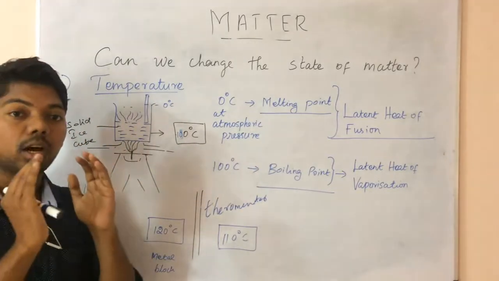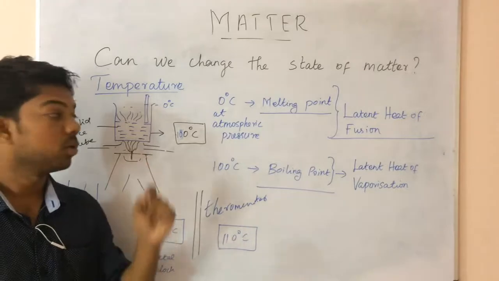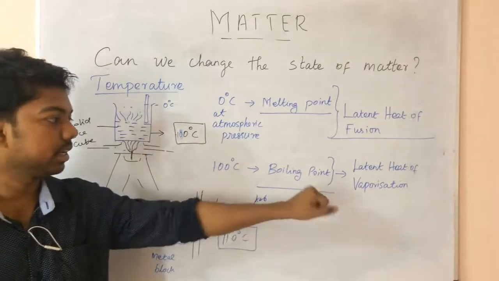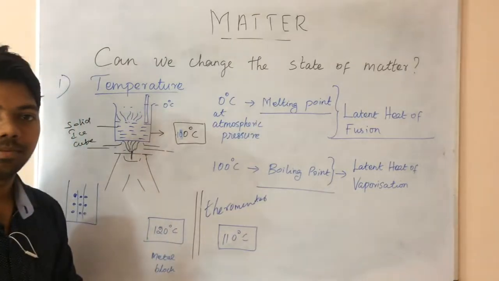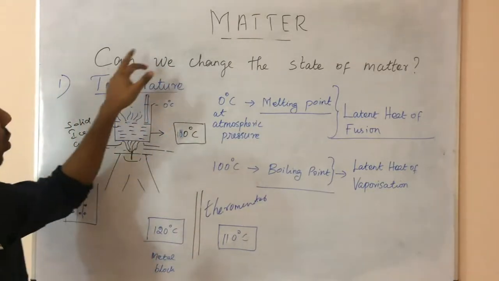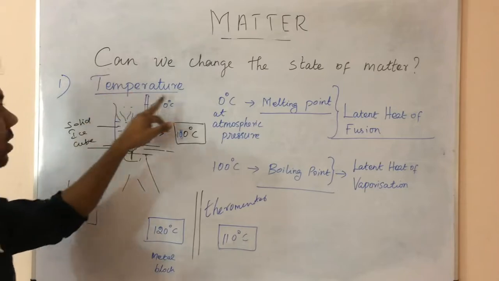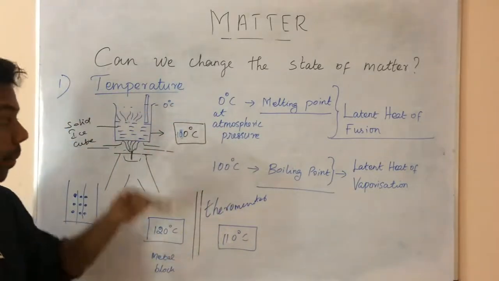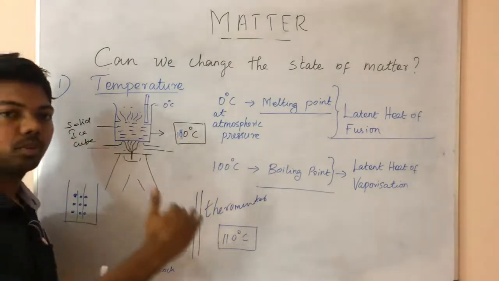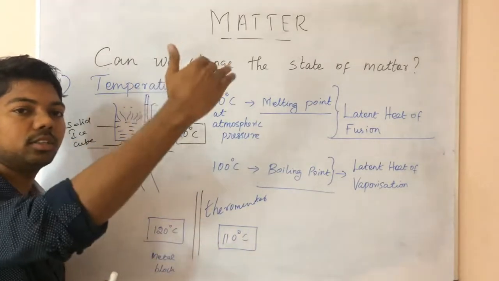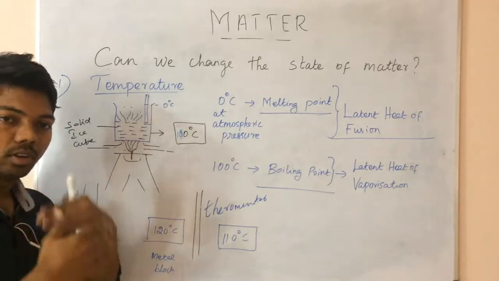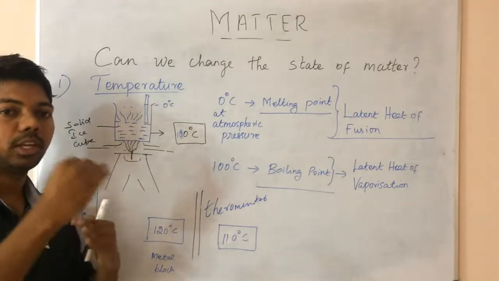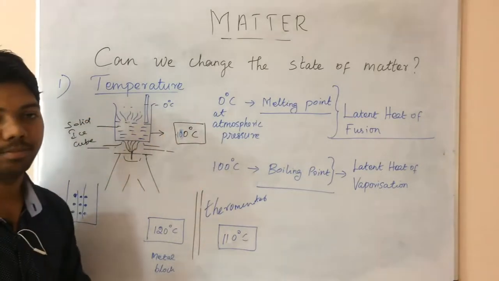It is the amount of heat required to convert 1 kilogram of liquid into vapor. So the factor which affects all these cases is temperature. By changing the temperature from 0 degrees Celsius to 100 degrees Celsius, we are changing the state from solid to liquid and liquid to gas.